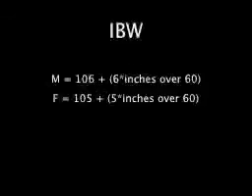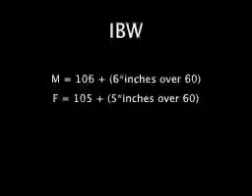Another quick calculation you need to be familiar with is ideal body weight. To calculate it in the male, it's 106 plus 6 times the number of inches over 60. 60 inches is 5 foot, so if I have a 5 foot 2 inch male, the calculation would be 106 plus 6 times 2. Again, do the stuff inside of the parentheses and then add. So 6 times 2 would be 12, and then 106 plus 12 would be your ideal body weight for a male who's 5'2".